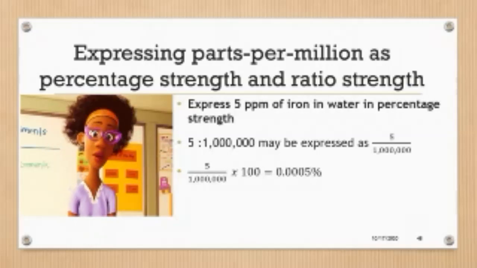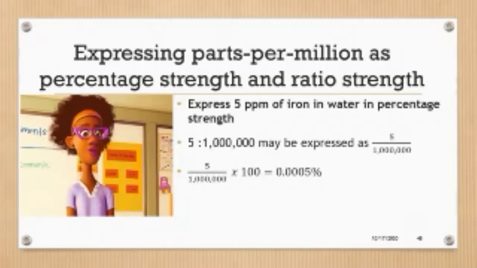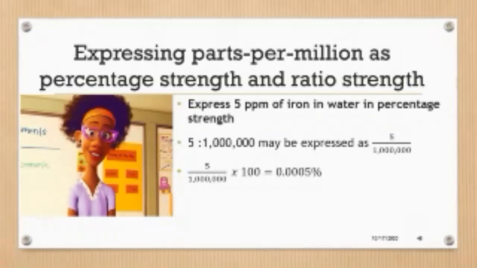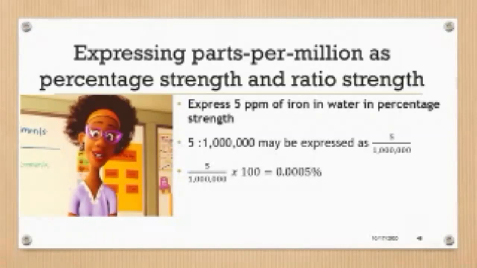You would have written right away, 5 parts to 1 million parts. But of course, if we're going to be writing that, it needs to be what? Simplified. In order to simplify it, I am going to ask you when I come in the next class. So you're going to simplify 5 to 1 million parts in the simplest form in ratio strength.